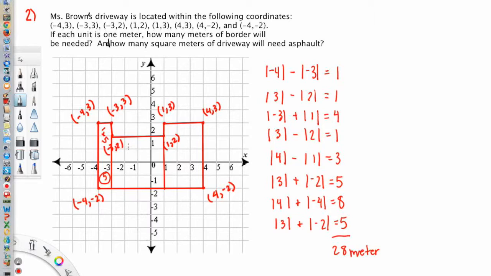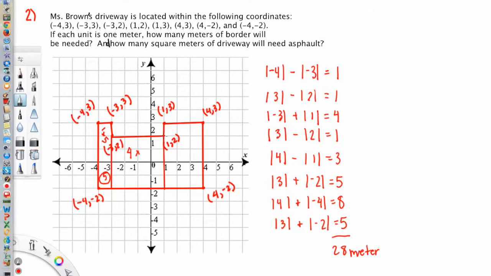And then I have this rectangle here, which the width of it, I'm going from a -3 to a +1, which is 3 to the left and 1 to the right, which would give me a distance of 4. The absolute value of 3 plus the absolute value of 1 is 4. And let's check out the height of it, or the length.